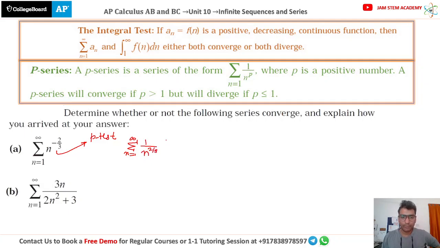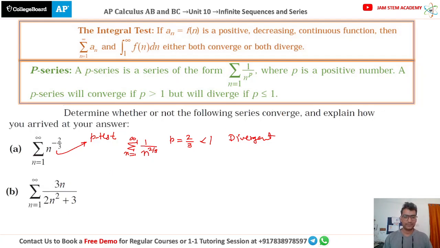So what is p here? p is 2 by 3. 2 by 3 is 0.66 something, which is obviously less than 1. So if it is less than 1, can I say it is divergent? So divergent only. If you want, you can also use the integral test for the same question. But obviously, it is only in that 1 by n raised to the power p form. So better to use the P test.